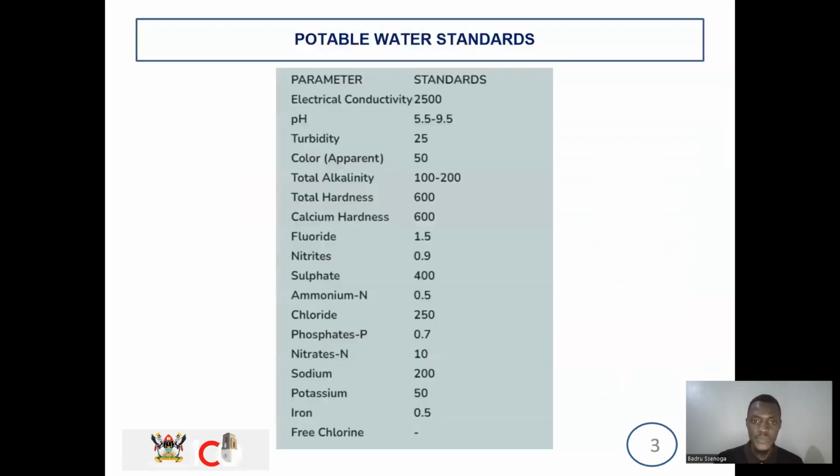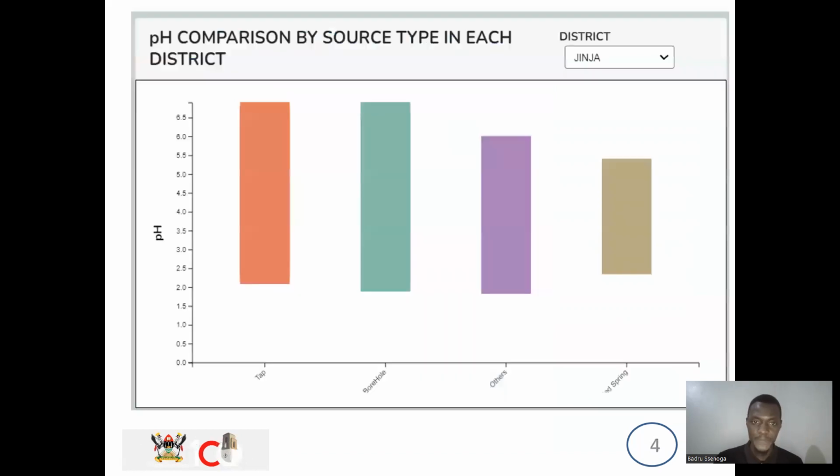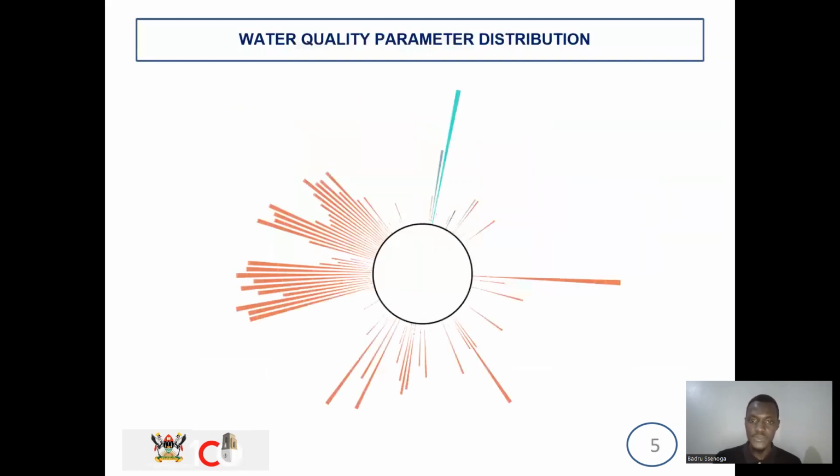As long as it is within the range of 5.5 to 9.5, it is okay. We kept on comparing the same for borehole, then others. Remember, some districts don't have a tap or a certain source type, as we are going to see afterwards.